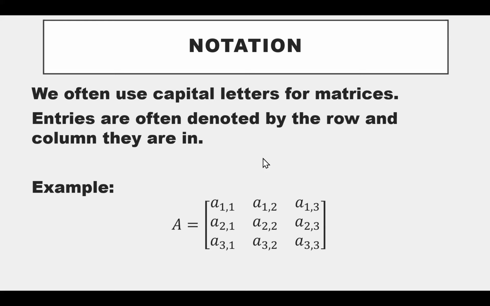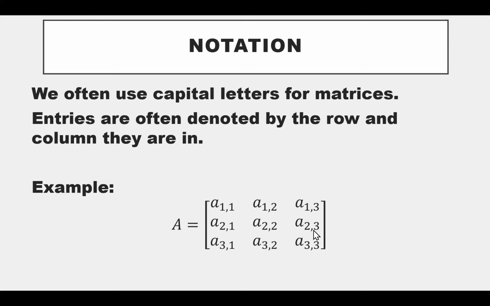Other notation that we often use: oftentimes we use a capital letter for a matrix. And then the individual entries are denoted by the rows and the columns they are in. So for instance, this entry, the 2, 1 entry, is in row 2 and column 1.